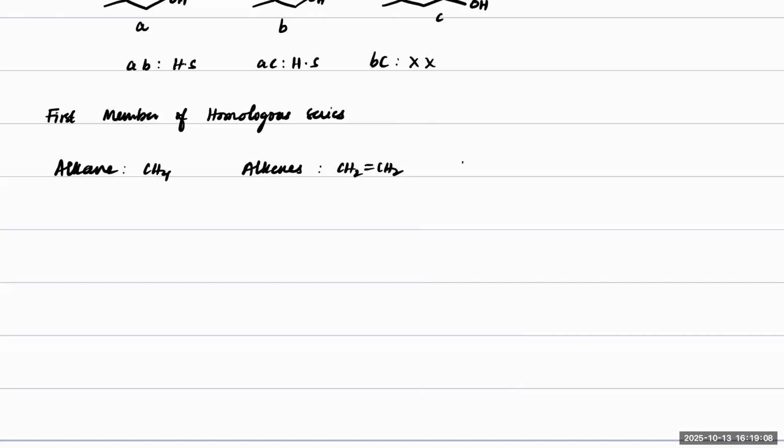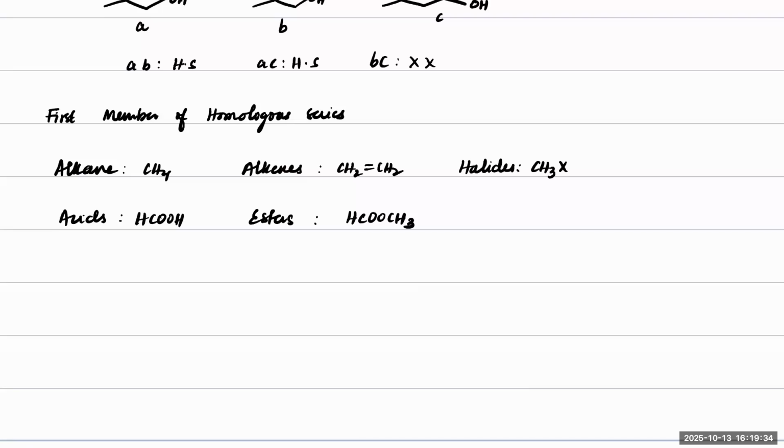For halides, one carbon is enough to represent them, so CH3X will be the first member. For acids, the first member is HCOOH. For esters, very important, the first member is HCOOCH3.